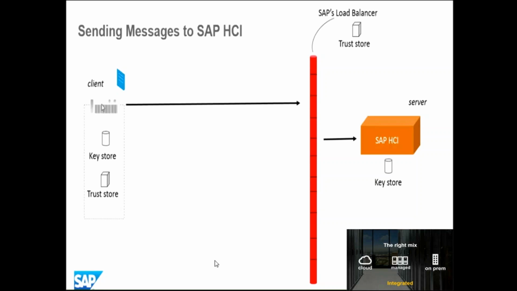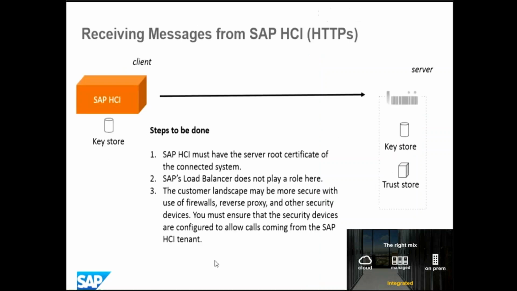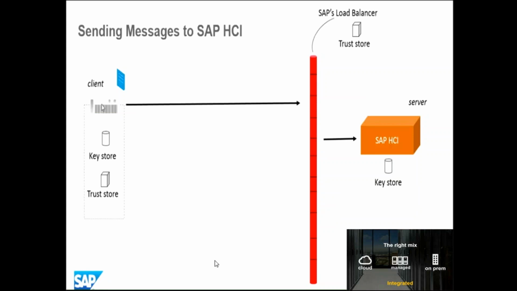If a sender system wants to send data to my HCI with certificate-based authentication, first of all the sender system's public key certificate will be taken, and once they provide this certificate, it will be uploaded in the SAP load balancer trust store.